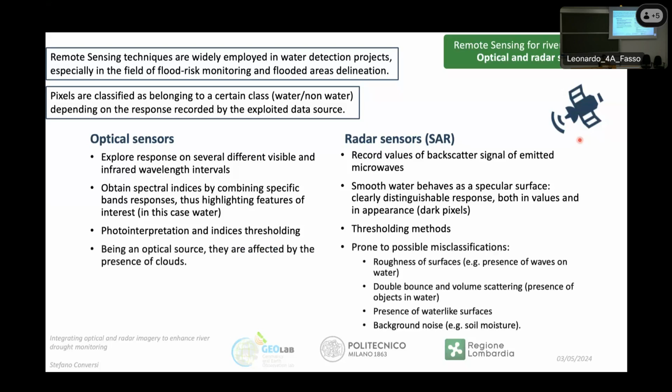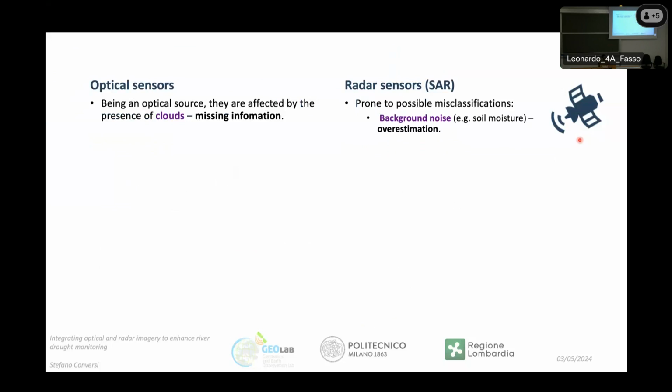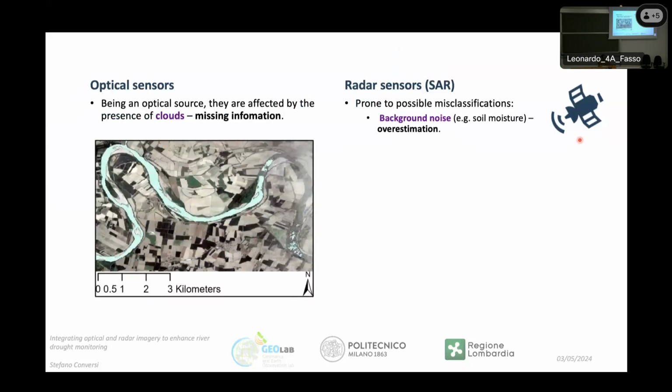And we can obviously have some issues for the specific satellites and sensors. First of all, for optical sensors, we know that we have a passive and optical source. That means that if we have some kind of obstacle, and this obstacle may also be a cloud, we will lose complete information. You can see here an example on our area of interest in which we have indeed the presence of a cloud, and so we lose the information that is behind it.